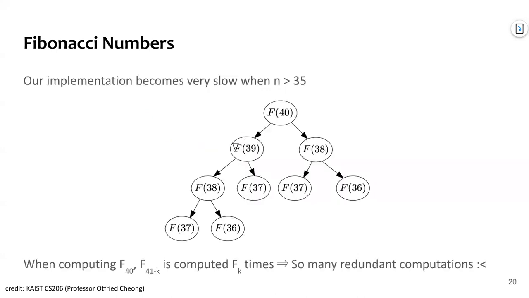Fibonacci 38 comes up here, here, here. And 37 appears here, here, here. And 36 here, here, here, right? So we are doing the same computation again and again. Specifically, when we are computing Fibonacci number 40, Fibonacci number 41 minus k is computed k times, meaning that there are so many redundant computations.